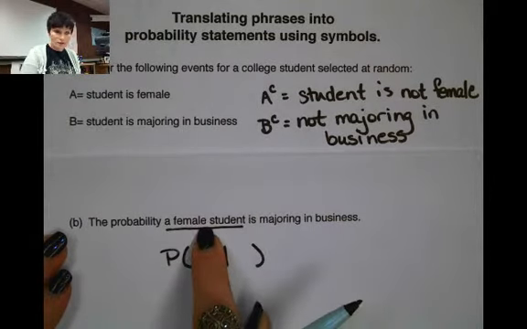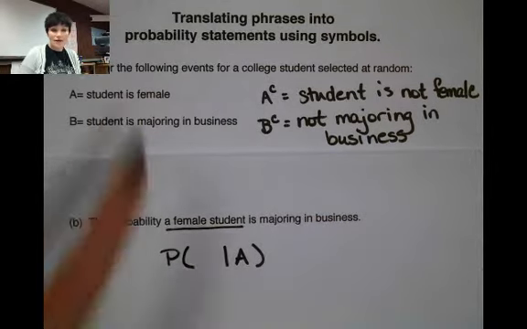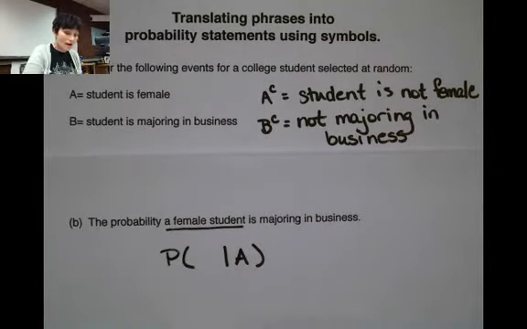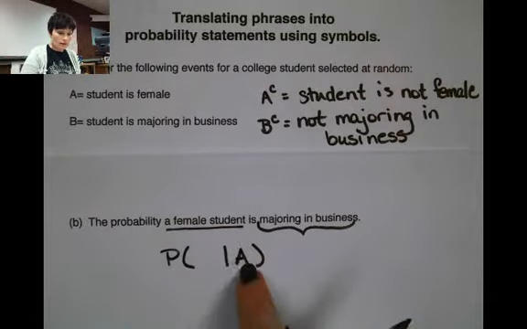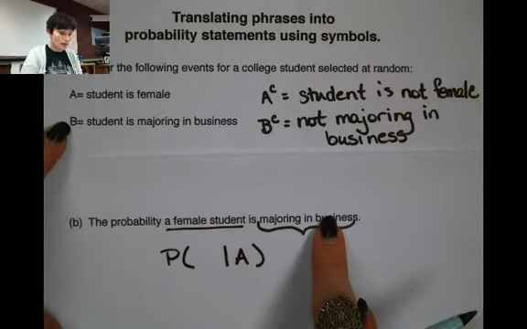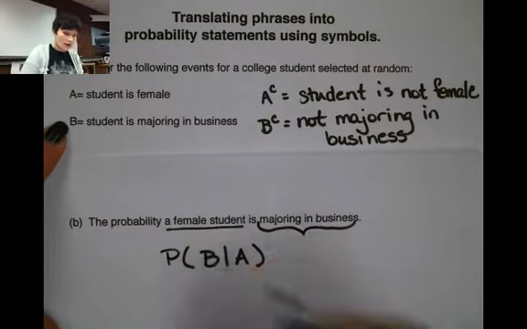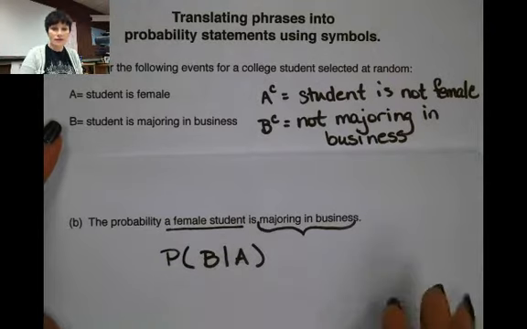A student being female is A, so event A has already happened. Now I'm just trying to determine the probability that one of those females is majoring in business. Majoring in business is B, so this phrase translates to the probability of B given A, given that A has already occurred.